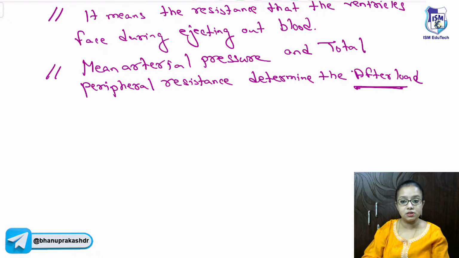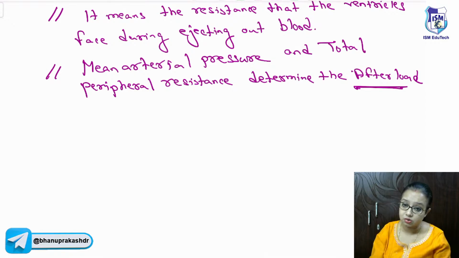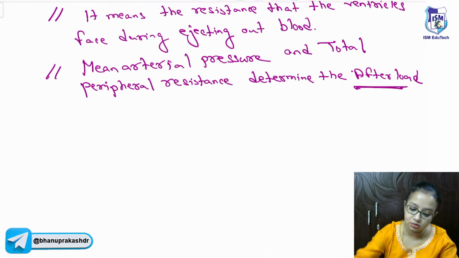And afterload is very, very important, because we have studied three determinants: preload, contractility, afterload. So unlike preload and contractility, whenever there is an increase in the afterload, there will be a decrease in the stroke volume, decrease in the cardiac output.